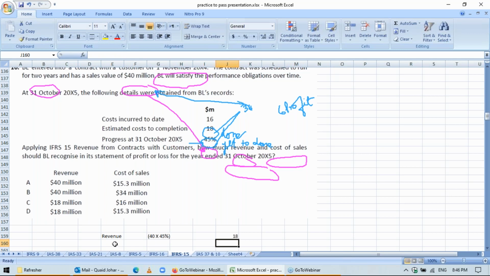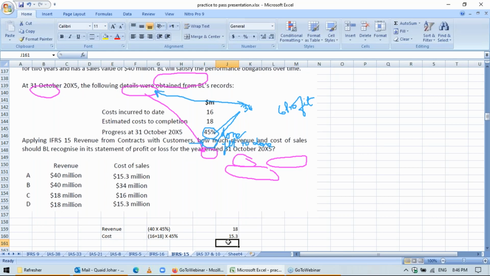This is 18 million. And the cost that will be recognized will be 45% of the full cost. The full cost is 16 plus 18, 34, multiplied by 45%. This is the cost. So the amounts that will be recognized are 18 million and 15.3 million.